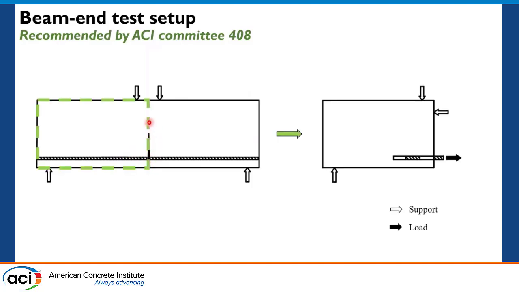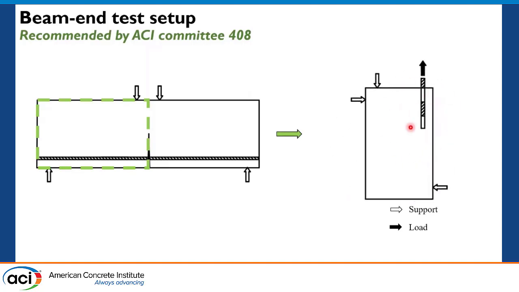To understand that, we can take half of our beam and replace the compression force in the compression zone by a support force, and replace the tension force transferred by the reinforcing steel by the force pulled out by our actuator. So we can have a setup that can mimic the flexural stress states in a reinforced concrete or UHPC beam and understand the bond behavior under flexure.